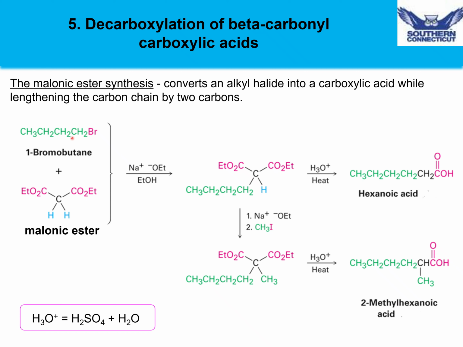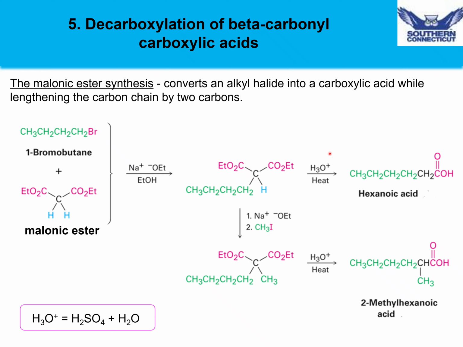Here's an example. If we have 1-bromobutane and we take a malonic ester, and it doesn't matter which ester we use, and we add a base such as sodium methoxide. The base would deprotonate one of these alpha hydrogens, which will lead to an alkylation of that alpha carbon.